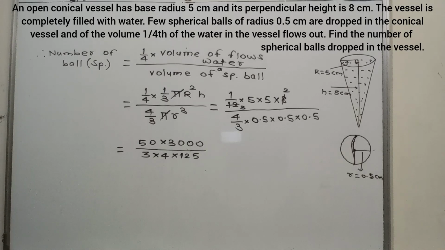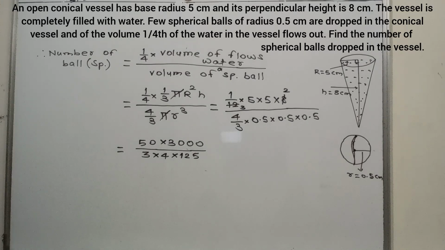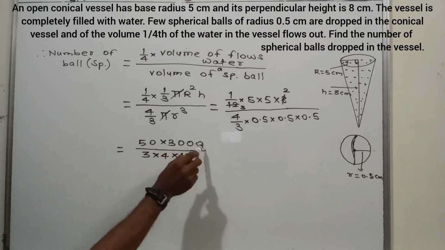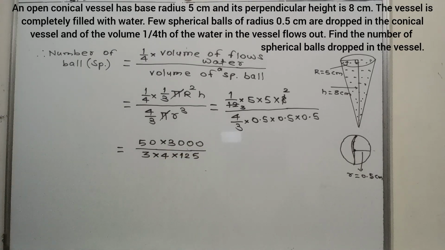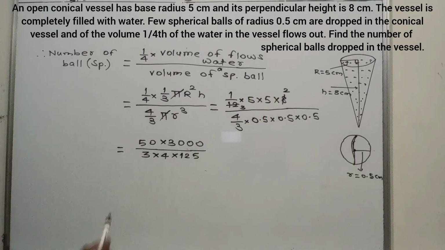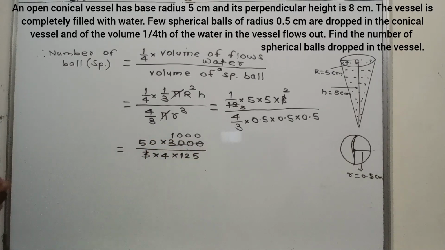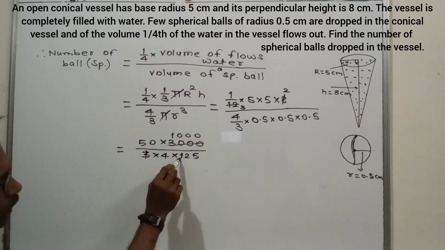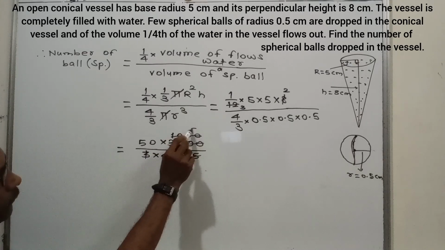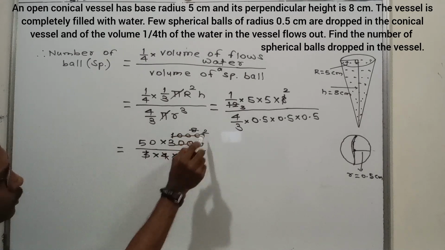Did you get it? Now 4 into 125 is 500, 3 ones are 3 when we take that 3 at the numerator, 1000, and 4 2s are 8.